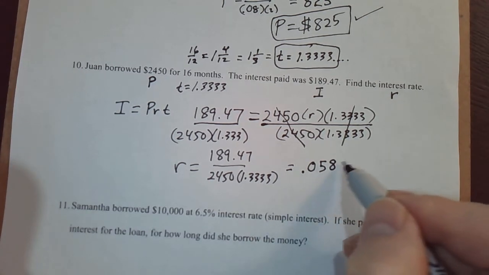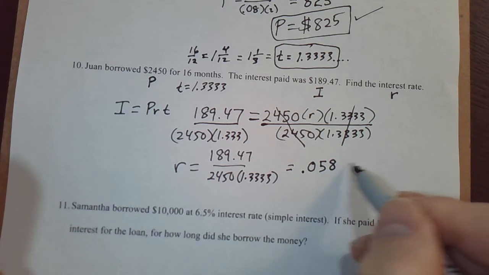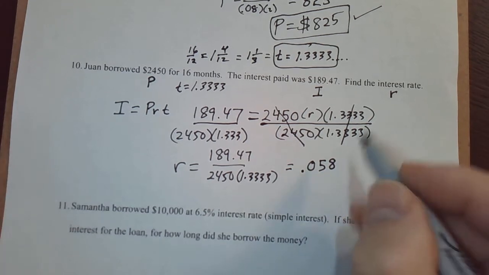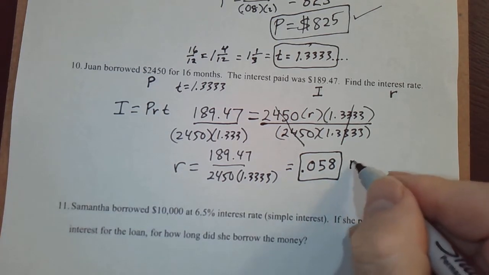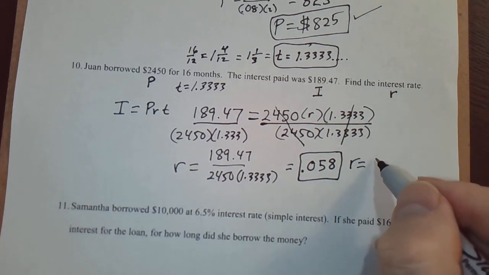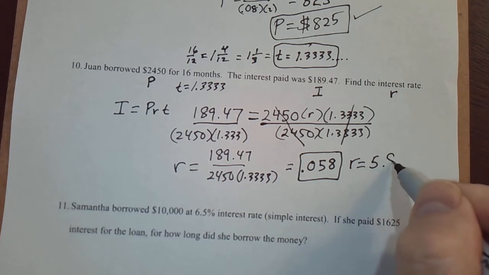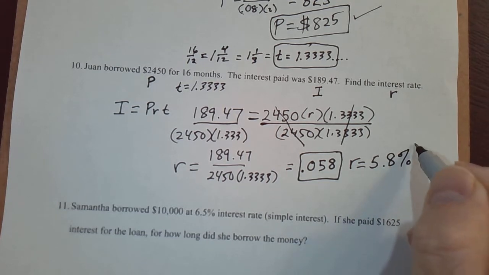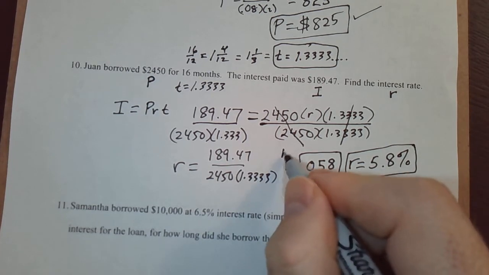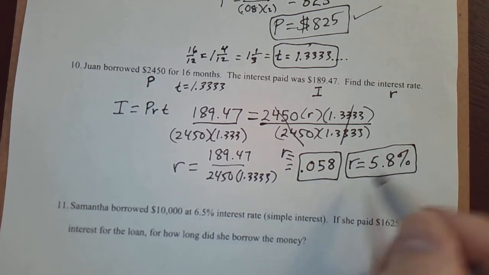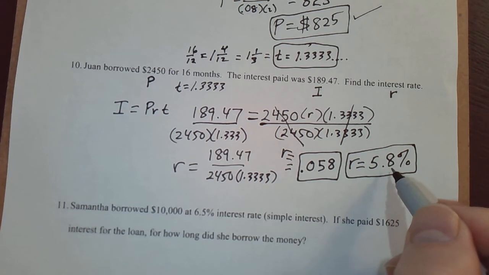So I'm going to stop right here. It's not exactly this, but the next two digits would be zeros. I'm going to say that the interest rate, writing it as a percentage, is 5.8%. So R is equal to this, which as a percentage is 5.8%.